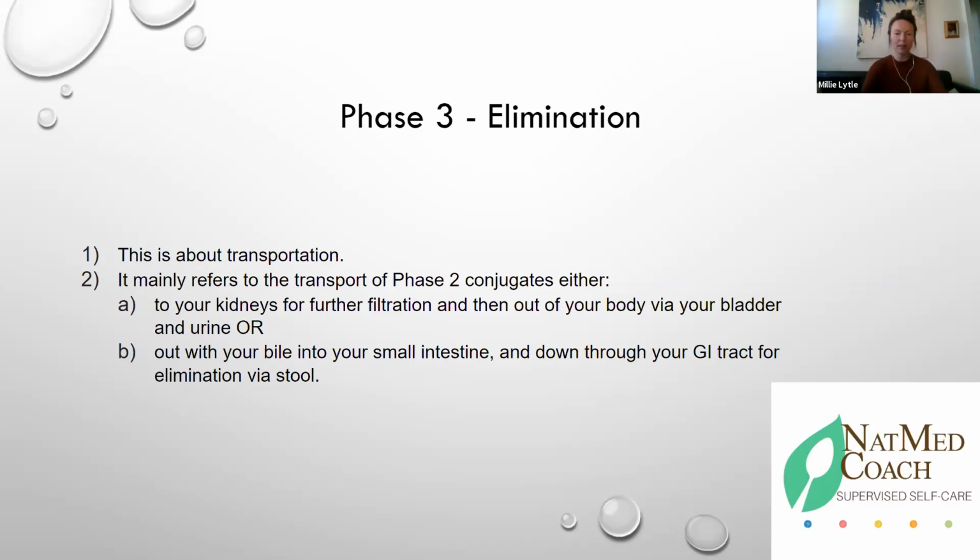Actually, that's how we get rid of the majority of the heat, or fat if we're losing weight, through our body: through our breath via carbon dioxide and other waste products. But in terms of liver detoxification, when we're talking about elimination, transportation, mostly the waste products are leaving through our kidney via urine, and through our stool.